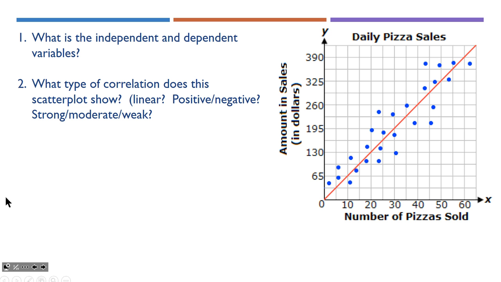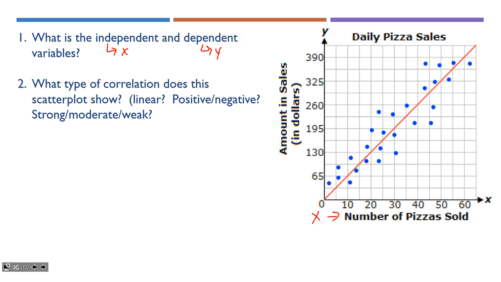So here's our first problem, dealing with scatter plots. What's the independent and dependent variable? So remember, independent is your x variable, dependent is always your y. So if I look at my axes here, I can see that on my x-axis I have the number of pizzas.